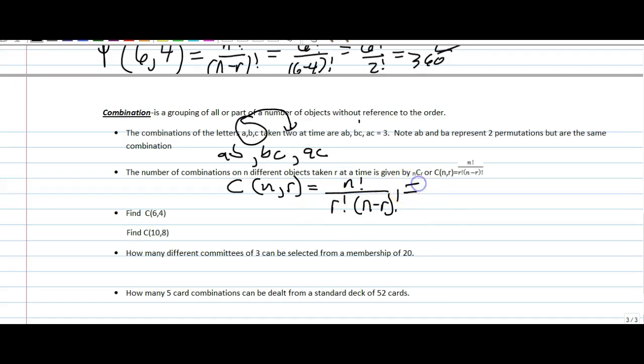So in the previous example, we are trying to find the number of combinations of three different objects taken two at a time. So n is 3 and r is 2.